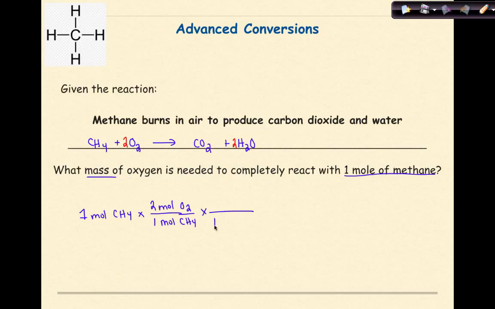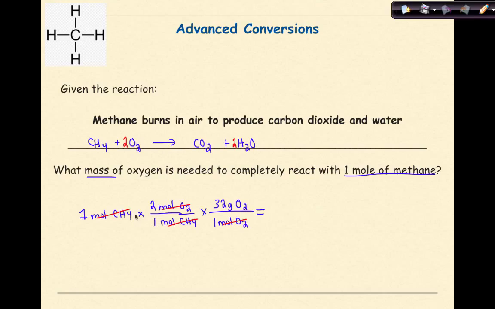So I know that 1 mole of O2 is equal to the gram formula mass, which is 32 grams of O2. And I want to make sure that everything cancels. So moles of CH4, moles of CH4, moles of O2, moles of O2, and we're left with grams of O2, which is what we want our final unit to be.